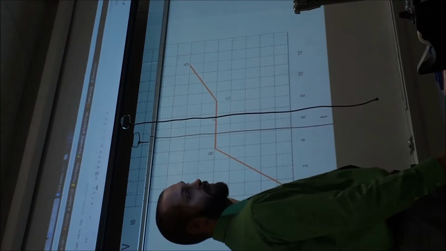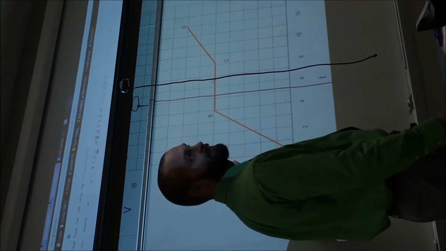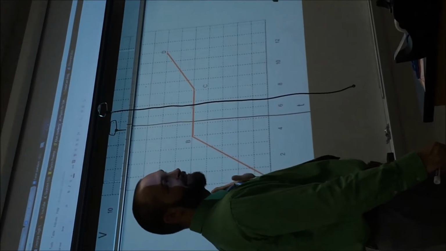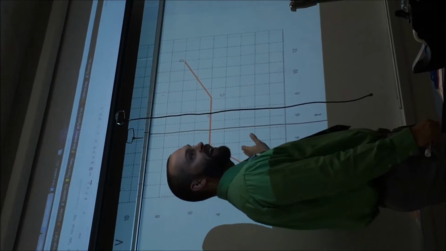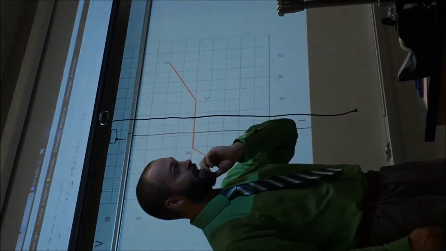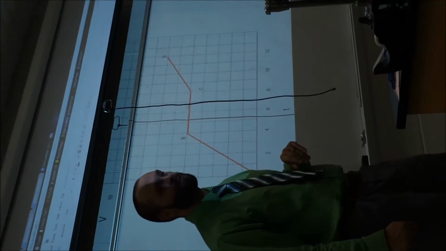I was waiting for somebody to say it with confidence. Acceleration. Thank you. The slope of a line in a velocity versus time graph is acceleration. The other thing I want to review with you is the area under the line is the distance you travel.